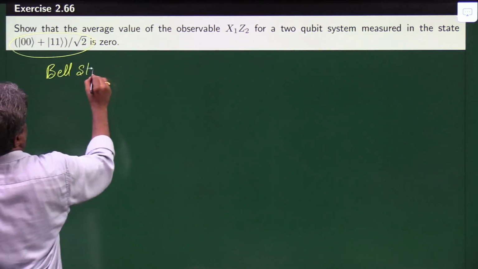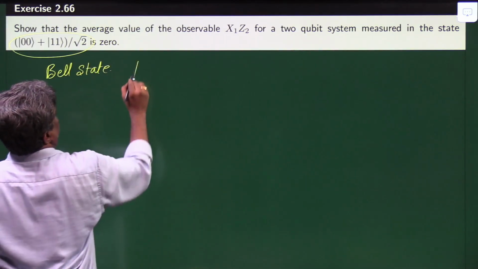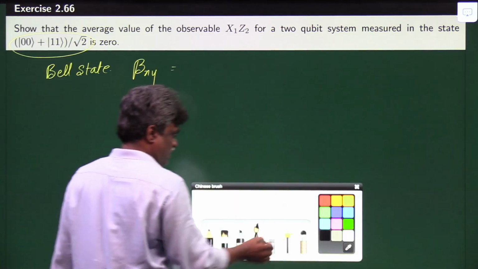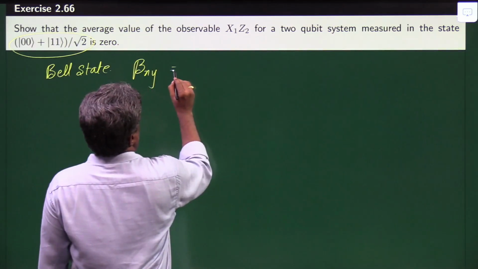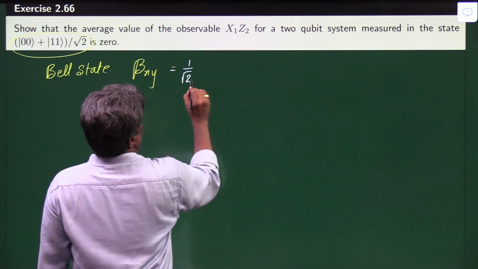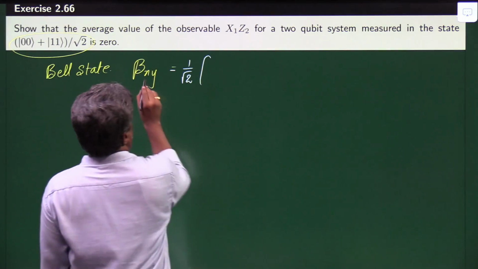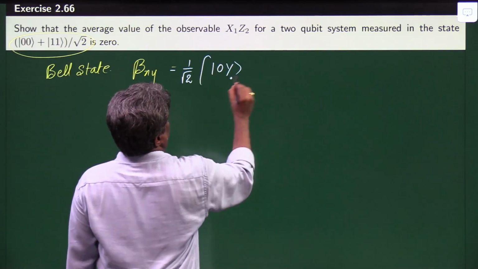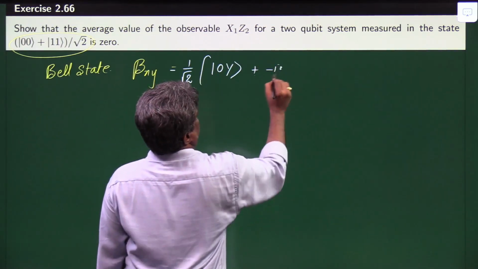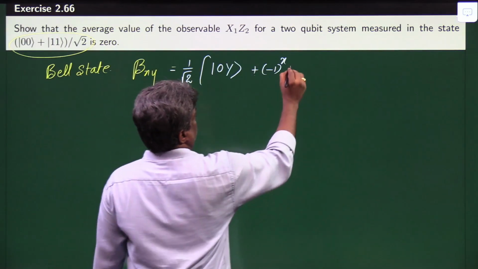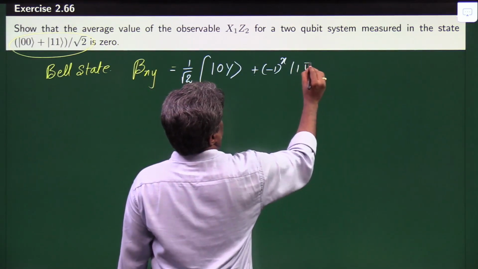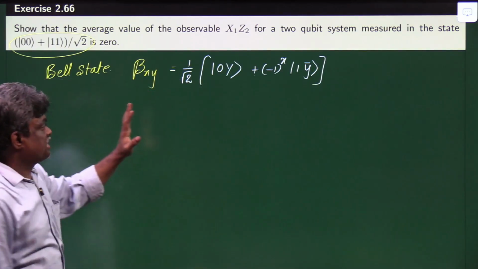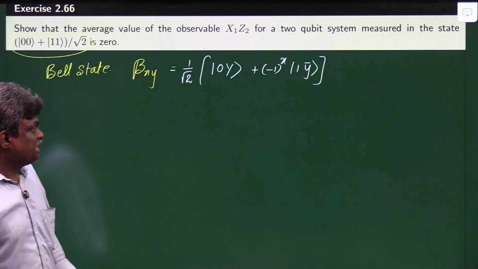The general form of a Bell state is beta x y, which is given by 1 over root 2. These are the x and y indices. Here we have ket 0 y plus minus 1 raised to x, ket 1 y bar. So this is the general representation of the Bell state.